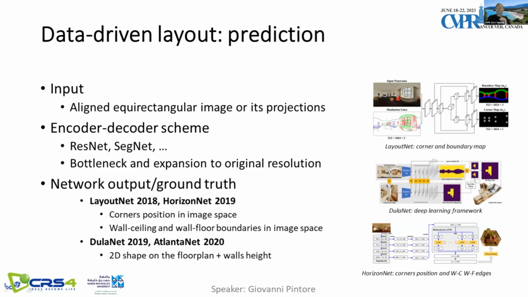Then a decoder usually expands the features to reach the original resolution. The output of the network is usually a map in equirectangular format with corners and boundary positions, or a 2D floor plan with walls. As a consequence, even the ground truth is encoded like this, so often a set of corner image coordinates or a probability map. We'll see more in depth the prediction pipeline next.